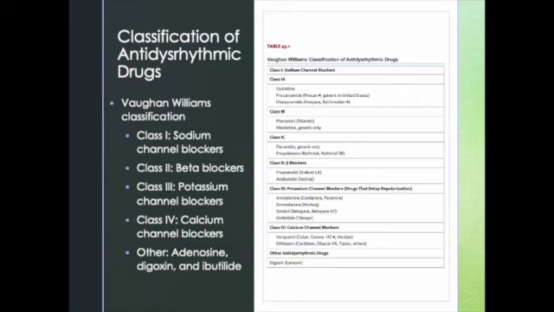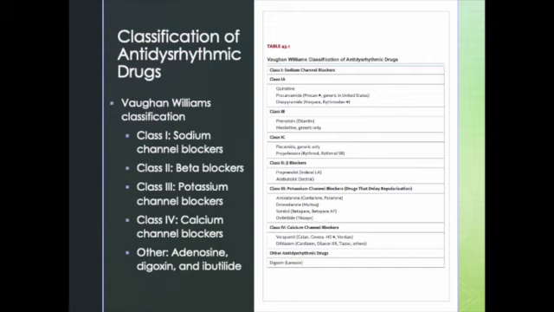In terms of the SA node, it's going to reduce the automaticity. In the AV node, it will slow conduction velocity. In the atria and ventricles, it's going to reduce contractility. So, the cardiac effects of beta blockers are pretty similar to calcium channel blockers.